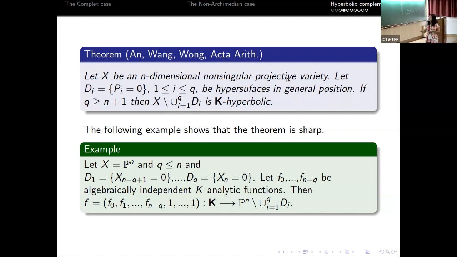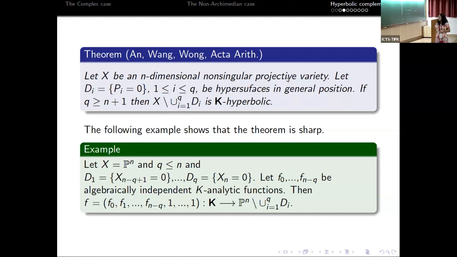Okay, and the number here is the best, because if we reduce to n, then we can give a counterexample. So if Pn omits n hypersurfaces in general position, then it is not hyperbolic, because we can find a map from K into here, and of course this is not constant.